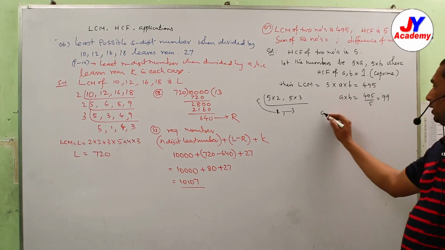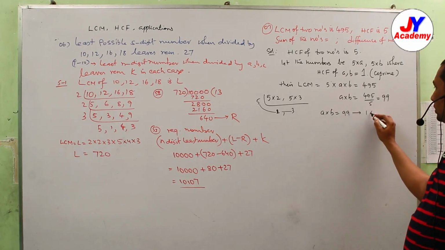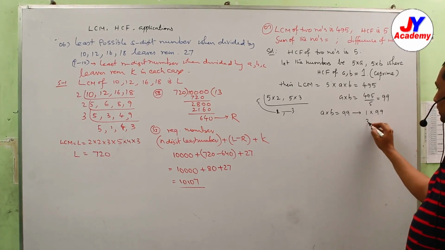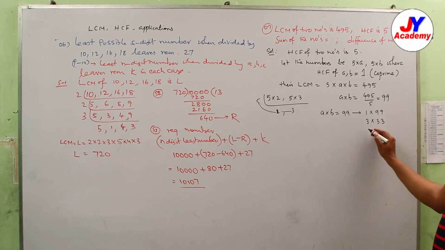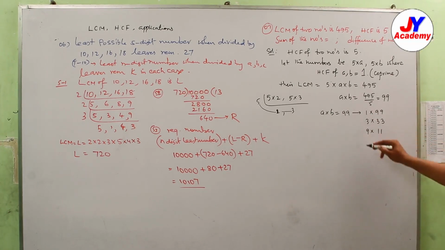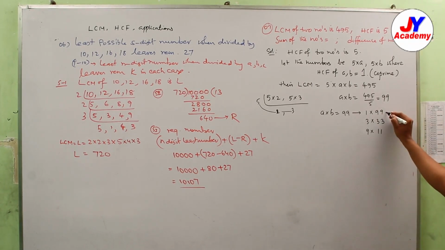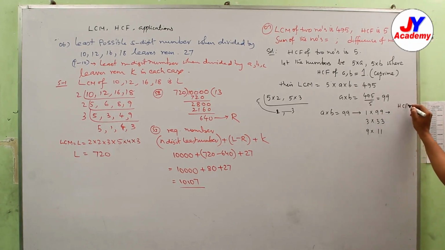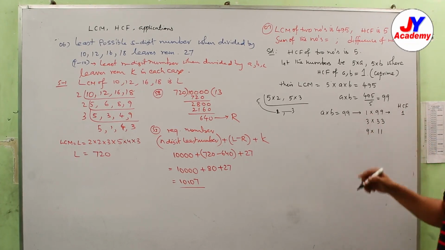So A into B is equal to 99. What are the possibilities? 1 into 99, 3 into 33, next 9 into 11. These are the possibilities.